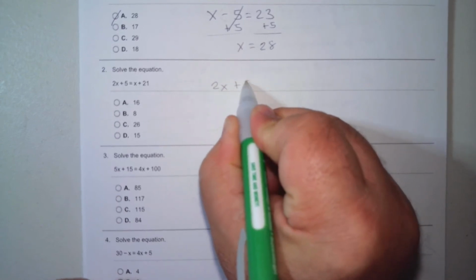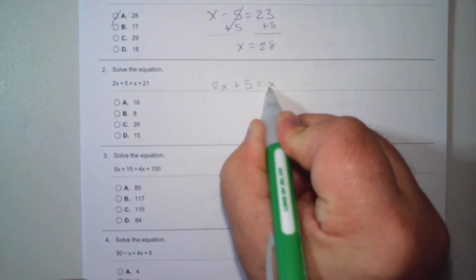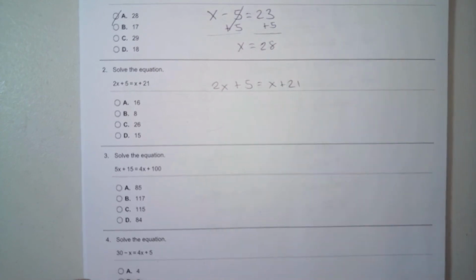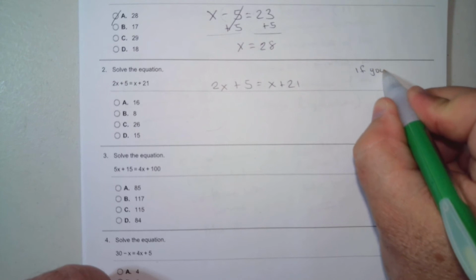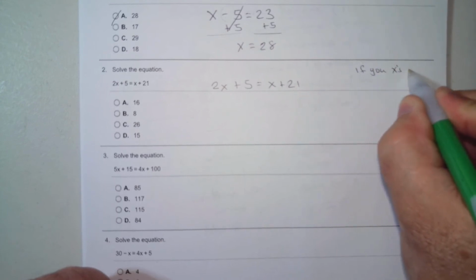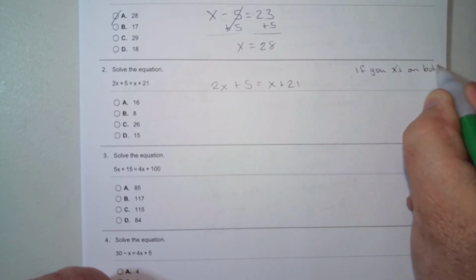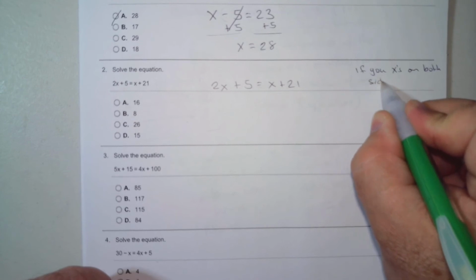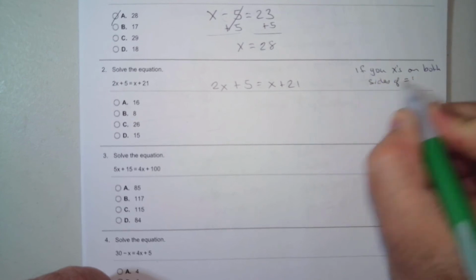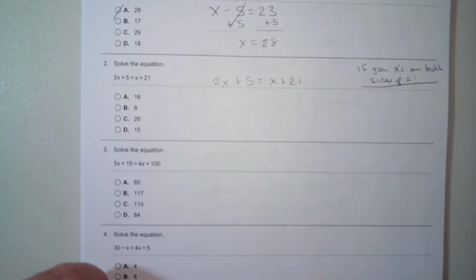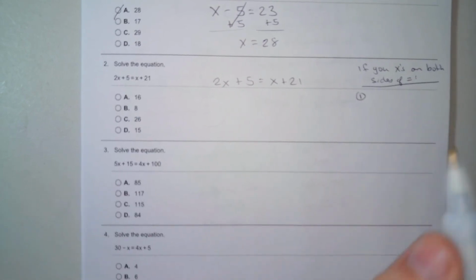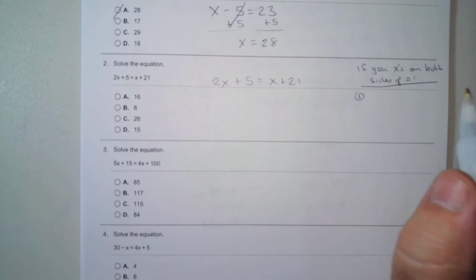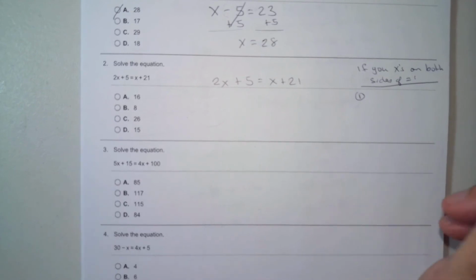2x plus 5 equals x plus 21. If you have x's on both sides of the equal sign, this is important because we'll try to avoid using negatives.